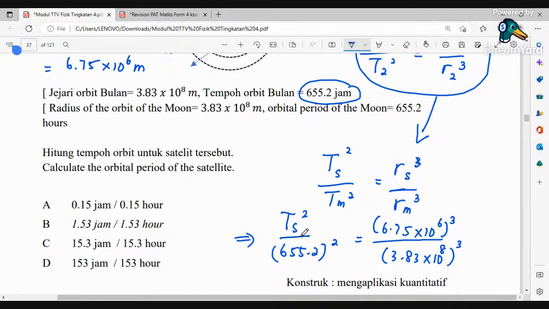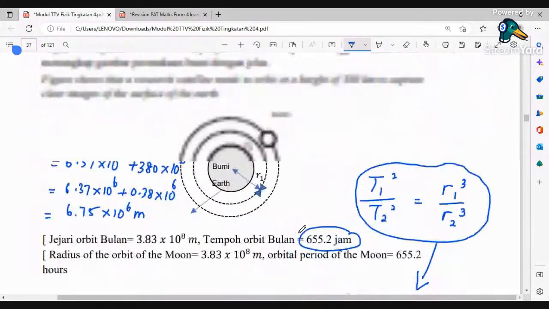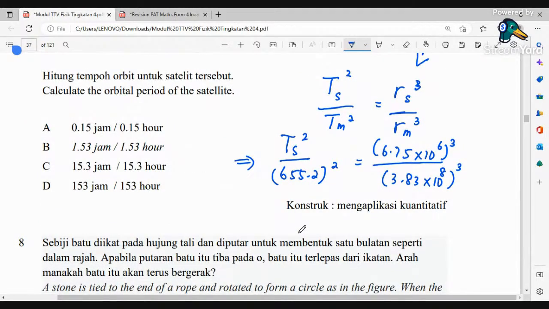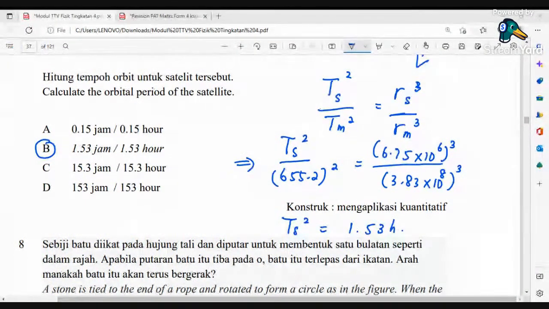You will get the answer in hours also, because here it is in hours. So for this question you should get the answer B, 1.53 hours. Do you have any questions? Ada soalan?